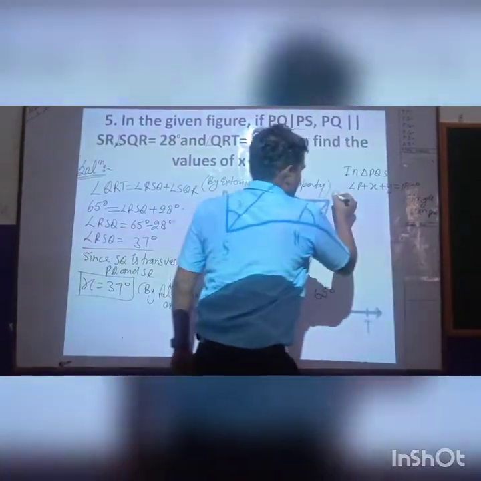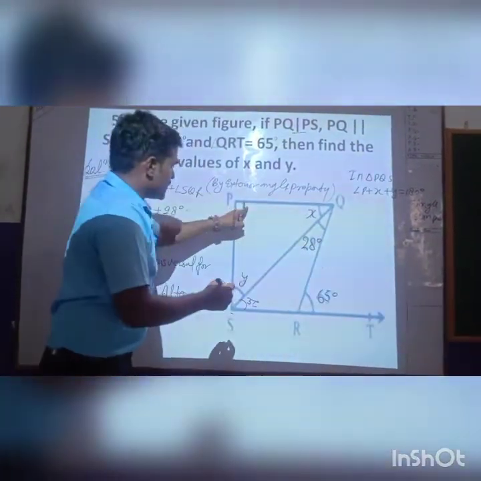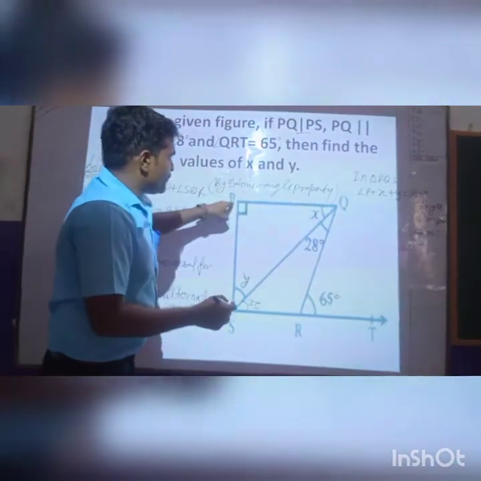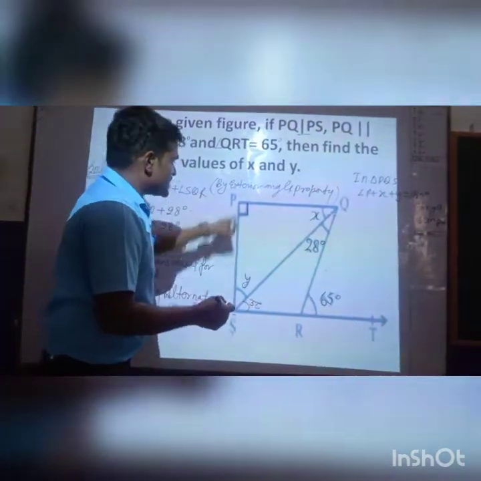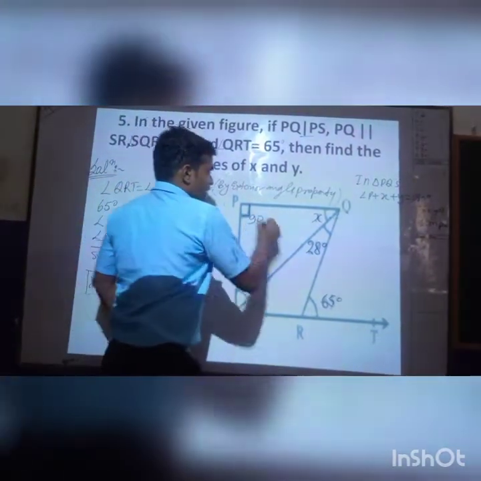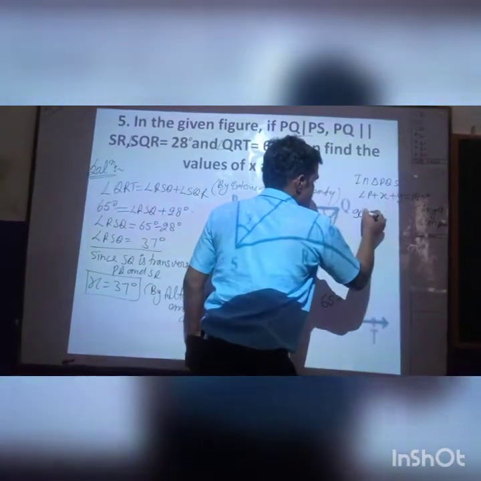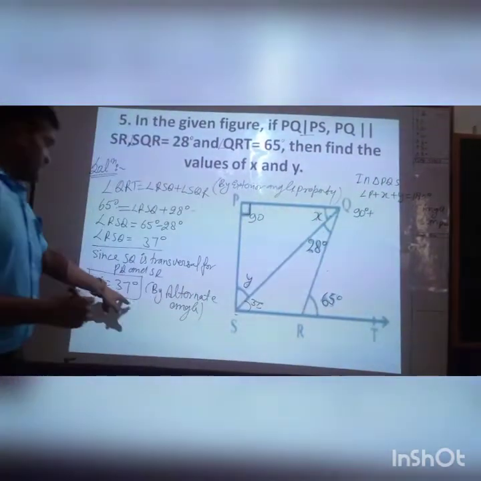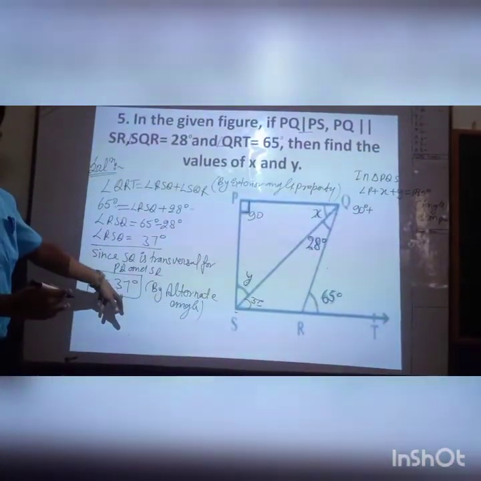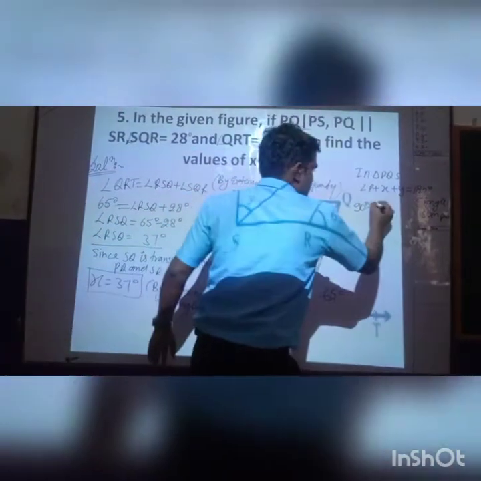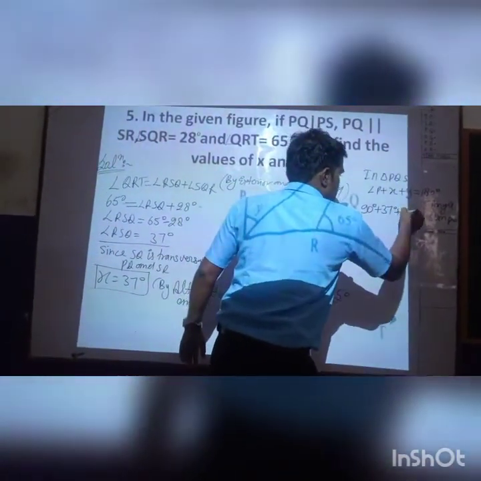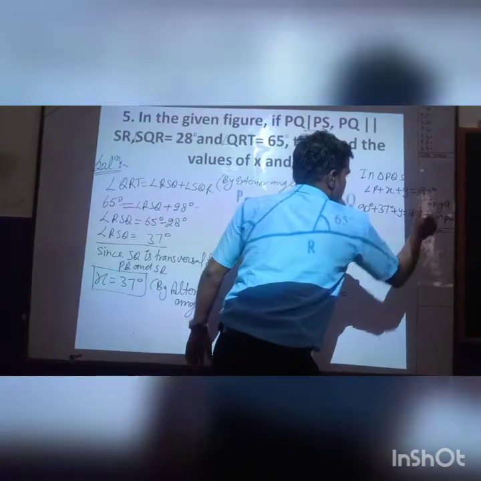So angle P is given as 90 degree because PQ is perpendicular to PS. So that is 90 degree plus x. What is the value of x? That is 37. So 90 plus 37 plus y is equal to 180 degree.